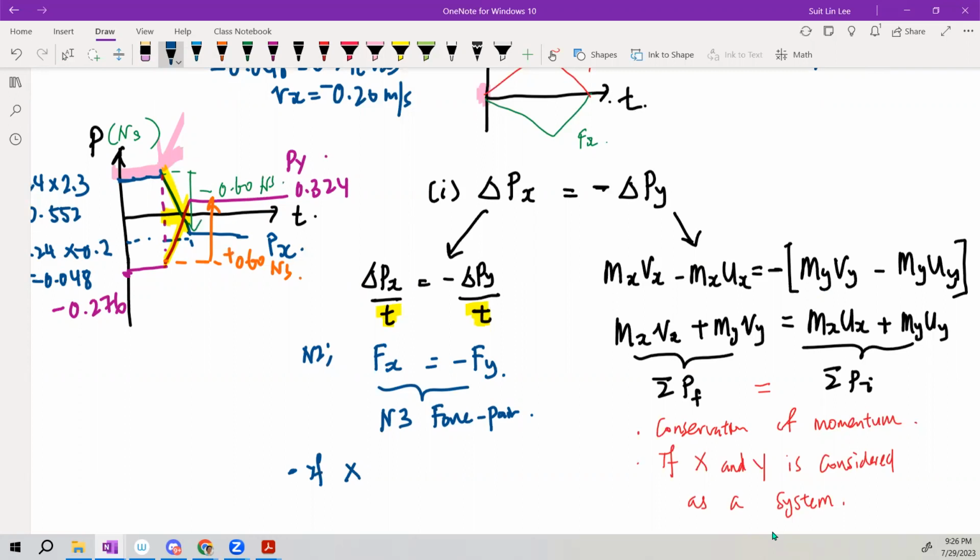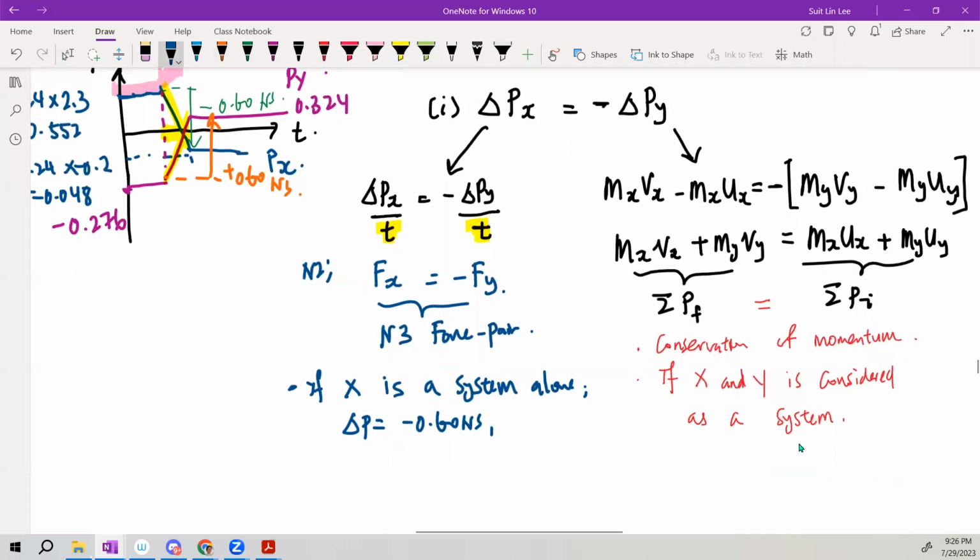Whereas in this case, if X is a lone system, then obviously the change in momentum is negative 0.6 newton second. Momentum not conserved.